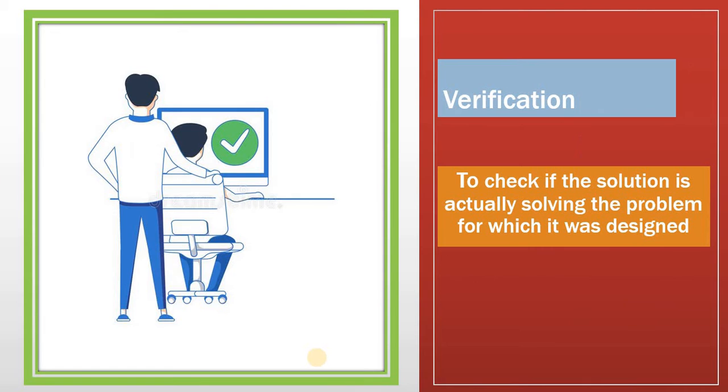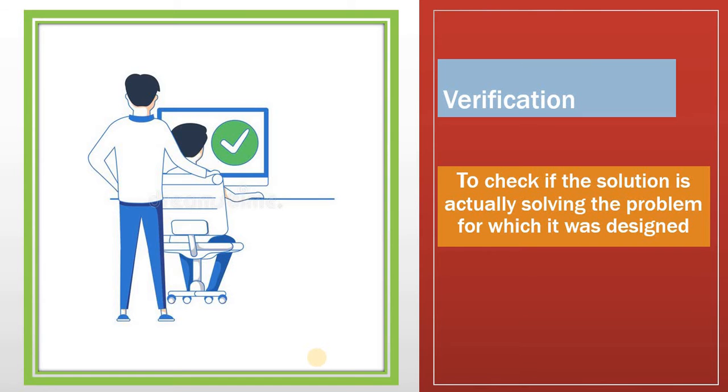Now, verification. Verification means checking whether the solution is actually solving the problem for which it was designed or whether it is giving us something else. For example, if you ask for a solution for calculating the square root of a number, then verification means checking that it is actually giving the square root of the provided number or giving you the answer of something else.